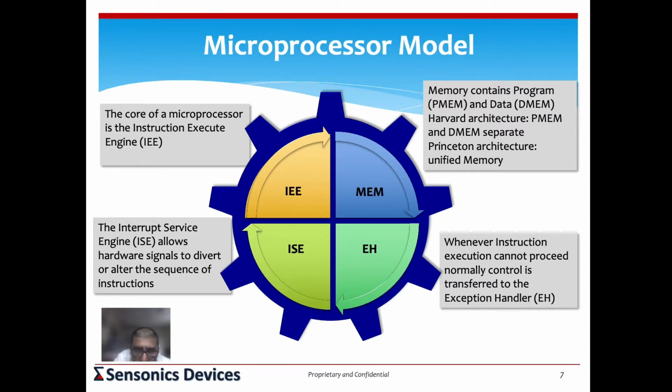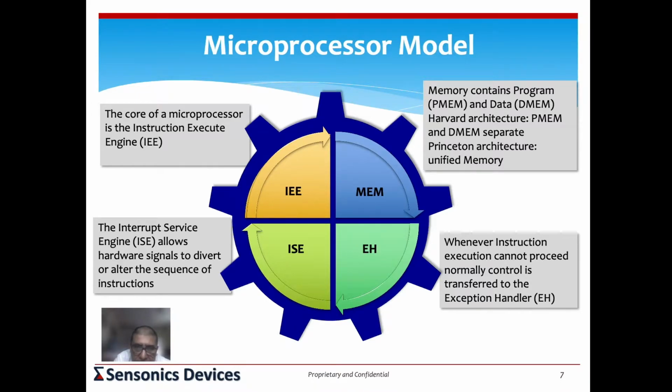However, whenever there is an external hardware signal, a trigger signal that is intended to suspend the flow of instructions, that is called the interrupt service engine. So these are two complementary pieces. One handles the case when the instructions cannot flow properly for reasons of the instruction flow itself.